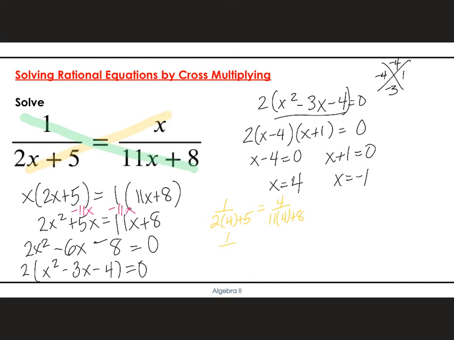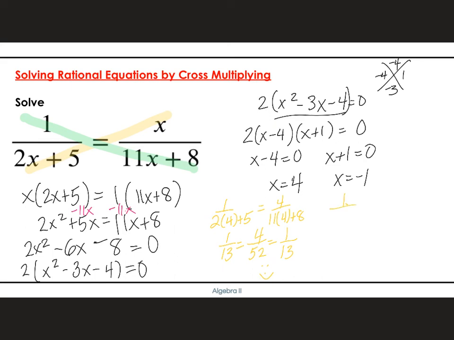So I have 1 over 13 is equal to 11 times 4 is 44. 44 plus 8 is 52. So 4 over 52 can be reduced. 4 goes into 4 one time, and 4 goes into 52 thirteen times. So that works out.